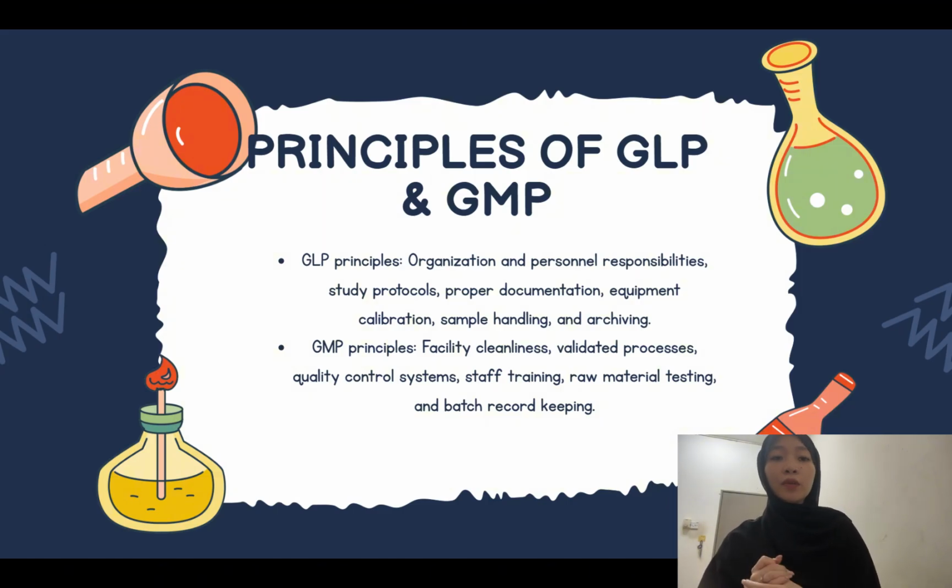The second one is you have to have a clean and controlled production environment, validated equipment and manufacturing processes, written SOPs and batch manufacturing records, quality control testing of raw materials and finished products, product labeling, packaging, storage and distribution, complete documentation and traceability, and also proper handling and storage of test samples and substances.